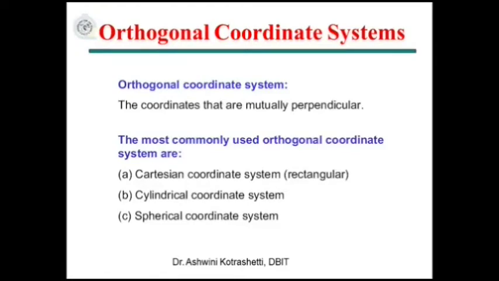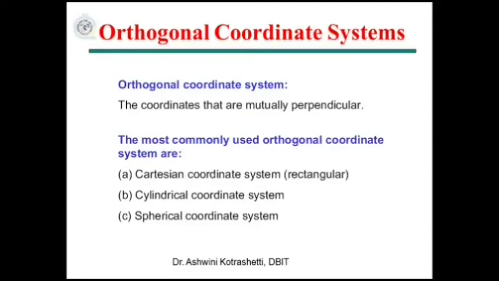Now, before we move ahead, let me also tell you that there are non-orthogonal coordinate systems as well, but we restrict ourselves to orthogonal coordinate systems because the non-orthogonal coordinate systems are very specialized.